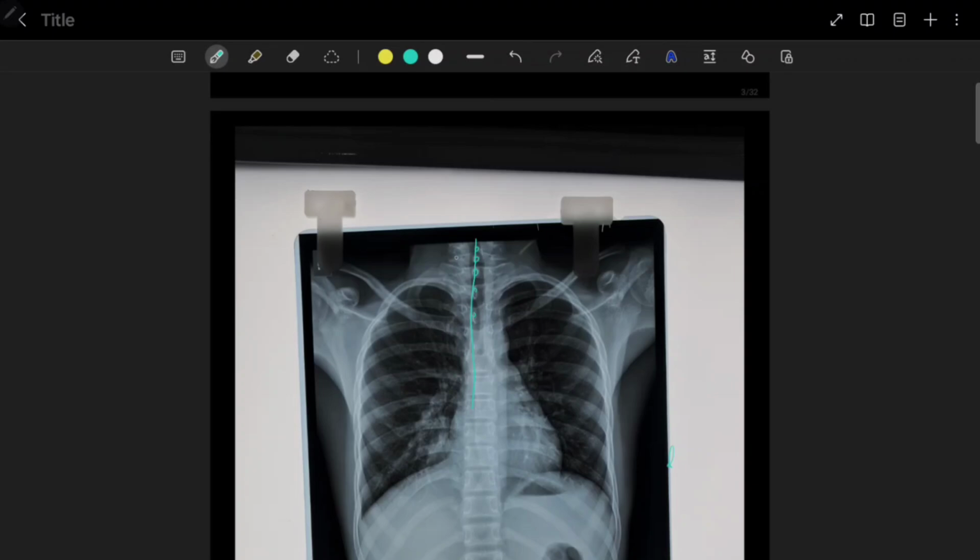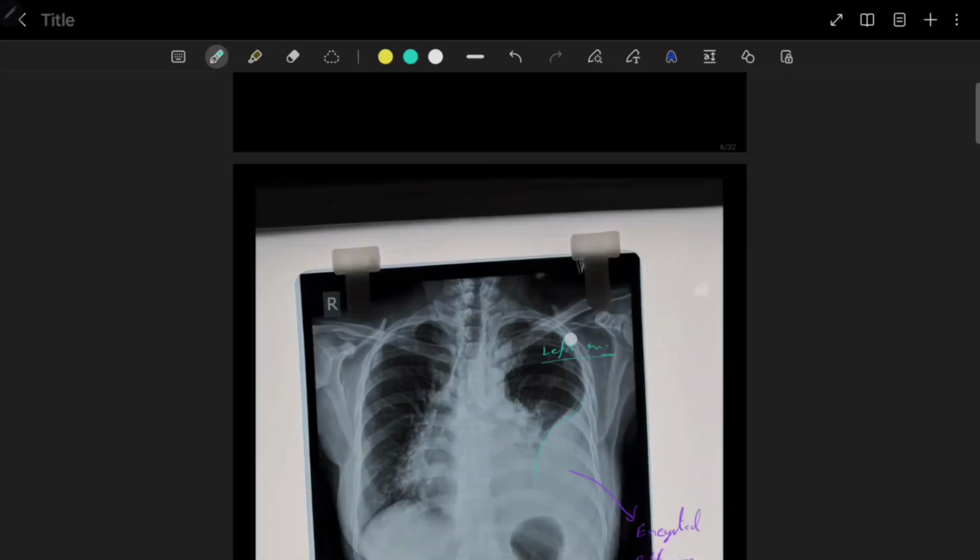After that you have to find the medial end of the clavicle. Here is the medial end of the right clavicle, here is the medial end of the left clavicle. It is called A, and this is B. So the distance A and B is almost the same. So this X-ray is taken in the right position.